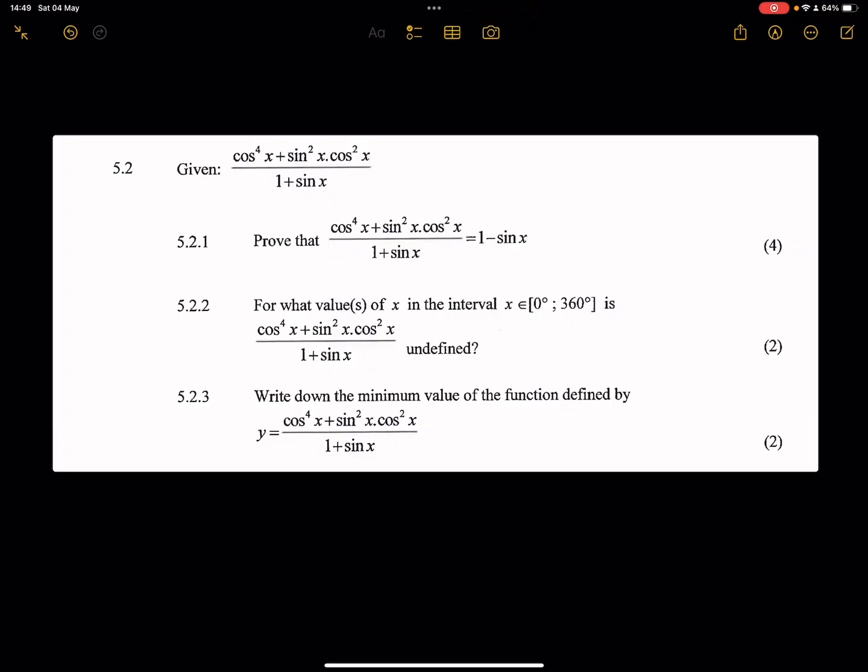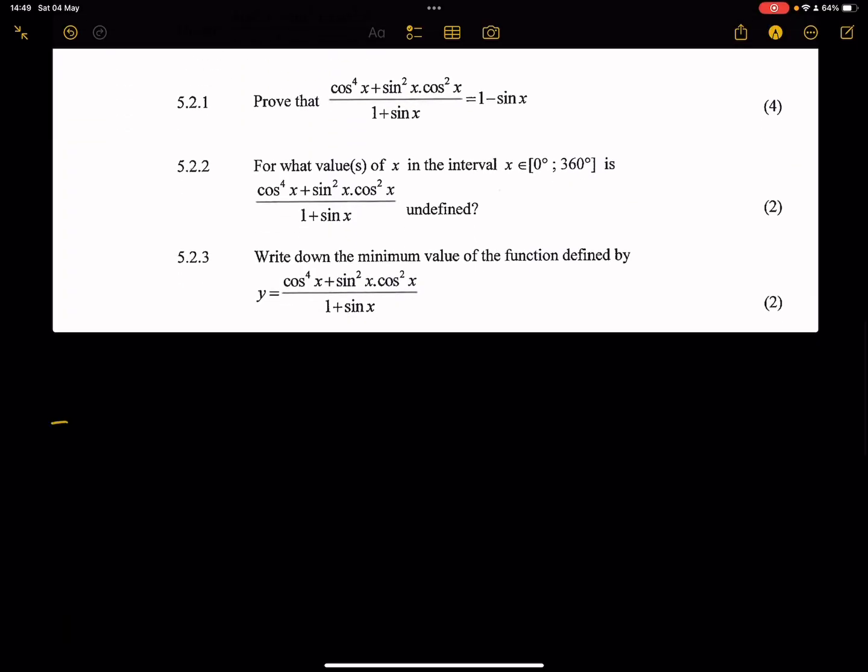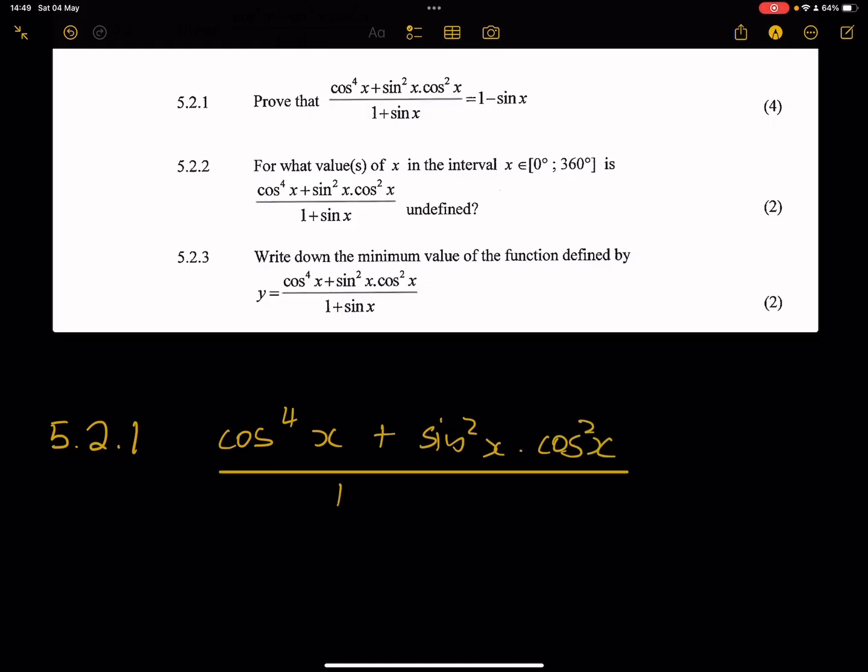Now we're going to use our identities here, right? So first of all, we're trying to prove cos to the power 4 of x plus sine squared of x cos squared of x divided by 1 plus the sine of x is equal to 1 minus sine of x.